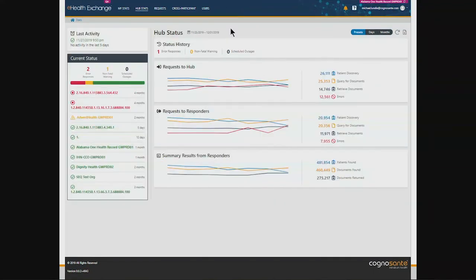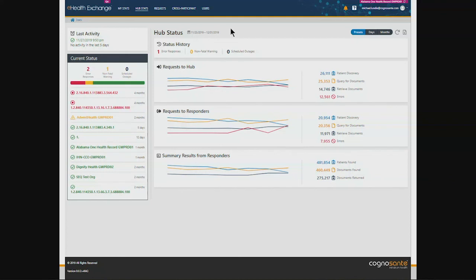And this is the viewpoint of the hub status. Another thing that eHealth Exchange wanted to provide the participants was a viewpoint into the hub. So on this particular screen, you have information about the number of transactions or PDs, requests for documents, and the responses as well.